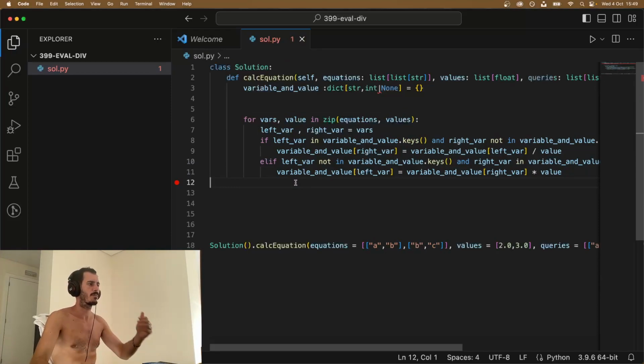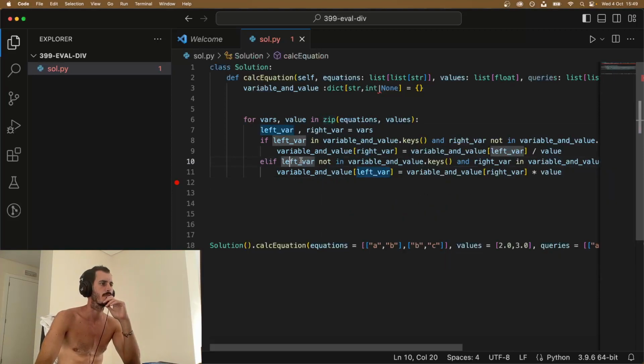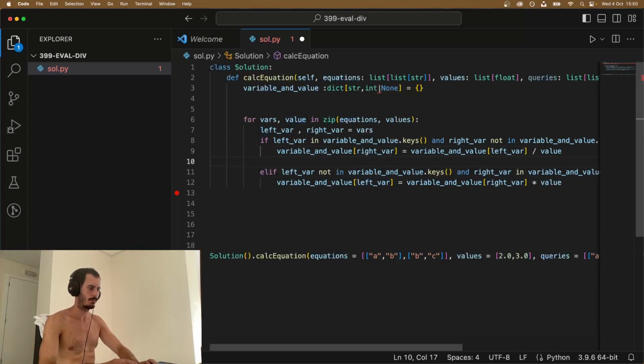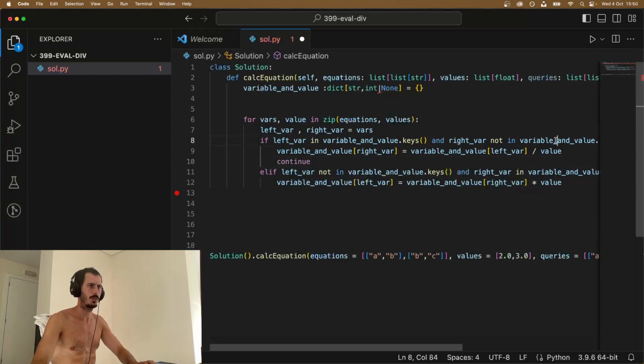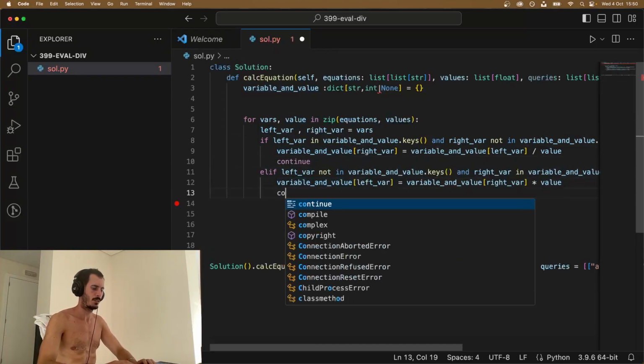So, however, we don't start with any values here. And that's a problem. So I think that we need to give it at least one value to start with. So I can do something like break or continue.